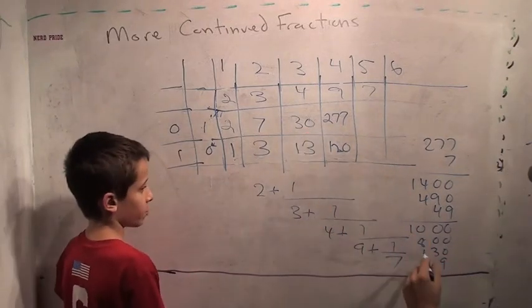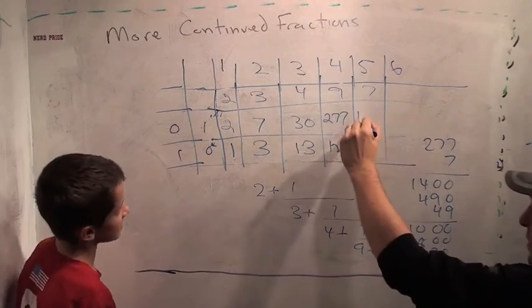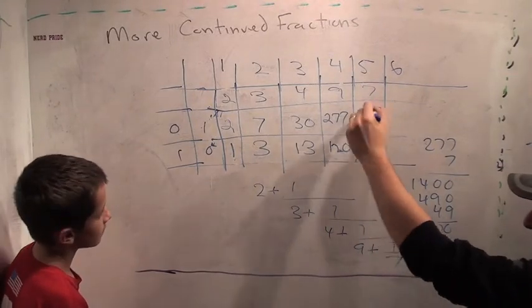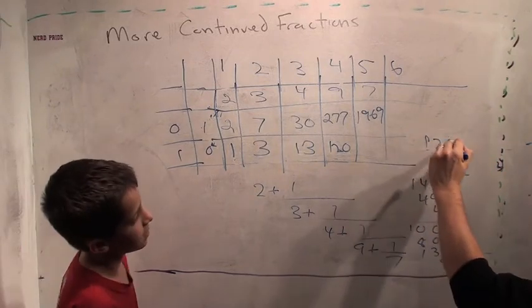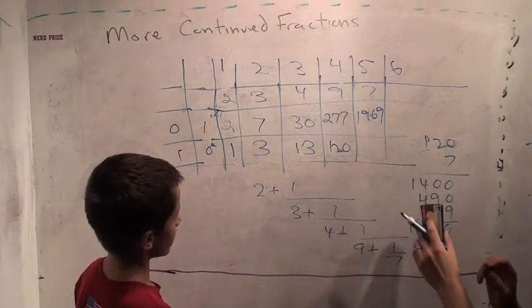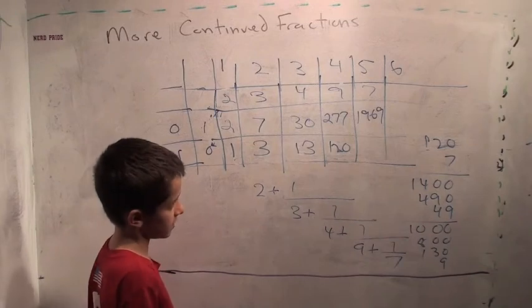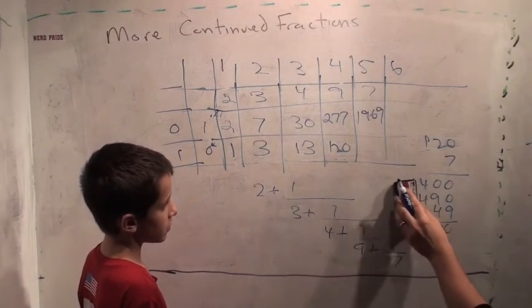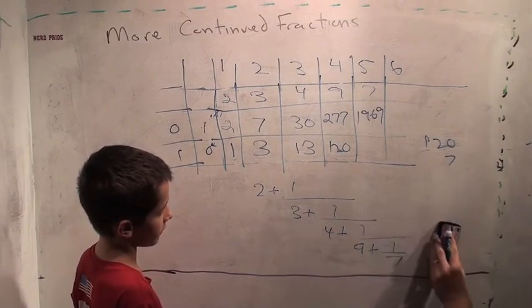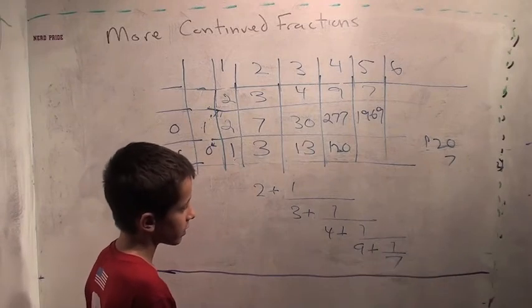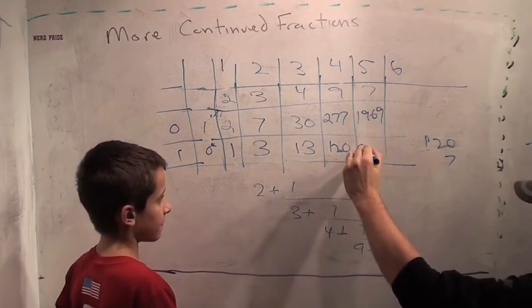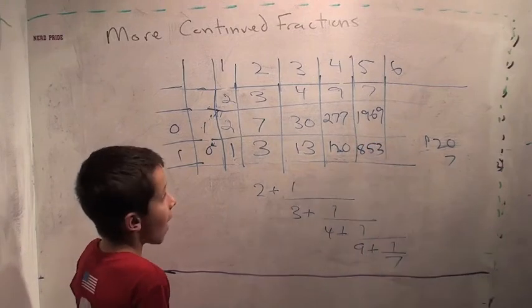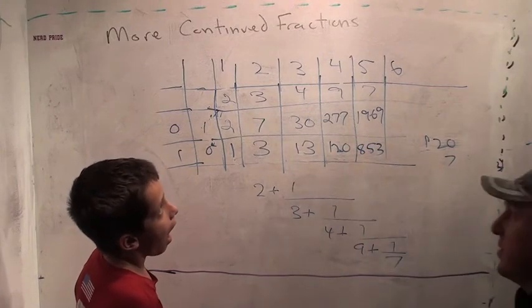What's 1939 plus 30? It's 1969. And then 7 times 120. That's a little easier to do. 7 times 100 is 700. 20 times 7 is 140. So that's 840 plus 13, which is 853. Okay, so there's our continued fraction.